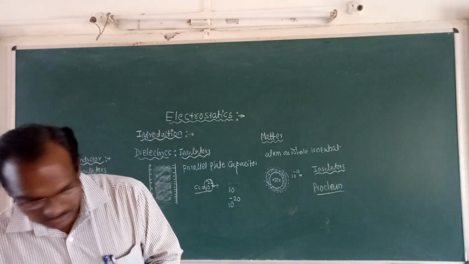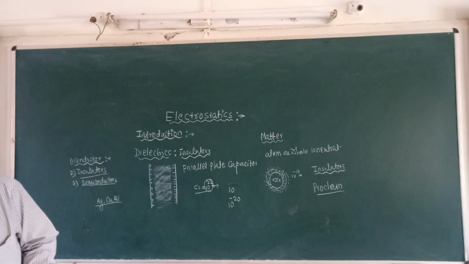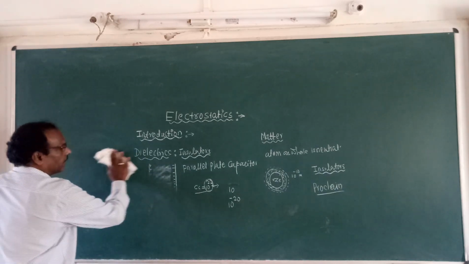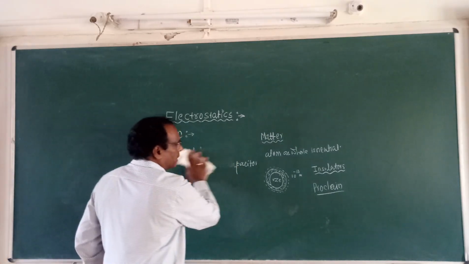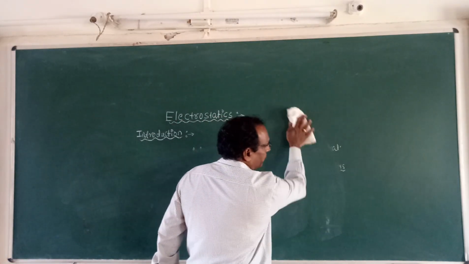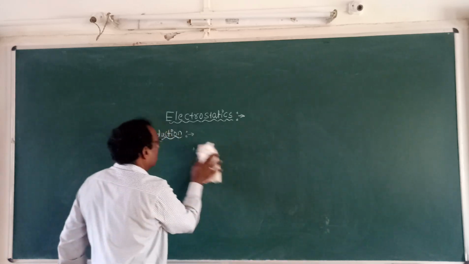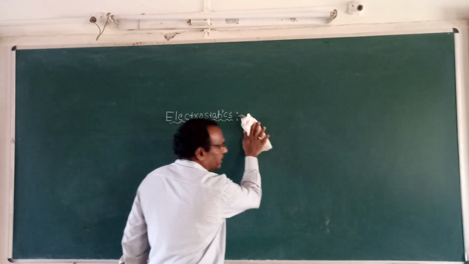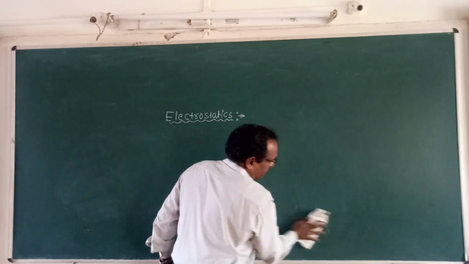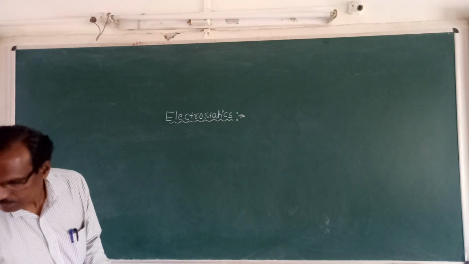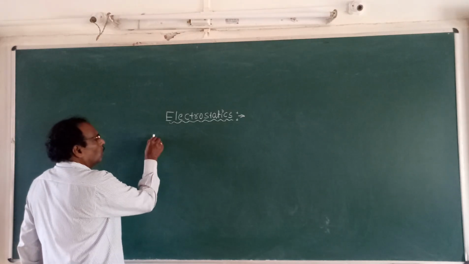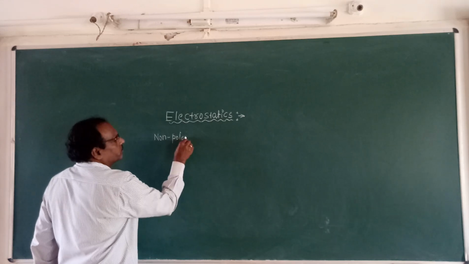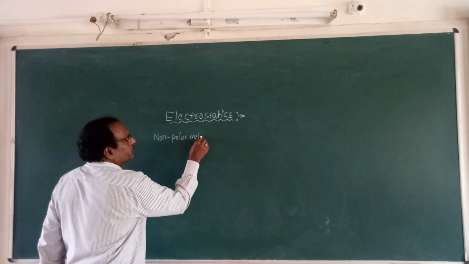So let us come to another point, dielectric materials. Depending on dielectric substances, for example glass, ebonite, mica, air, these materials are classified into two types called non-polar molecules.